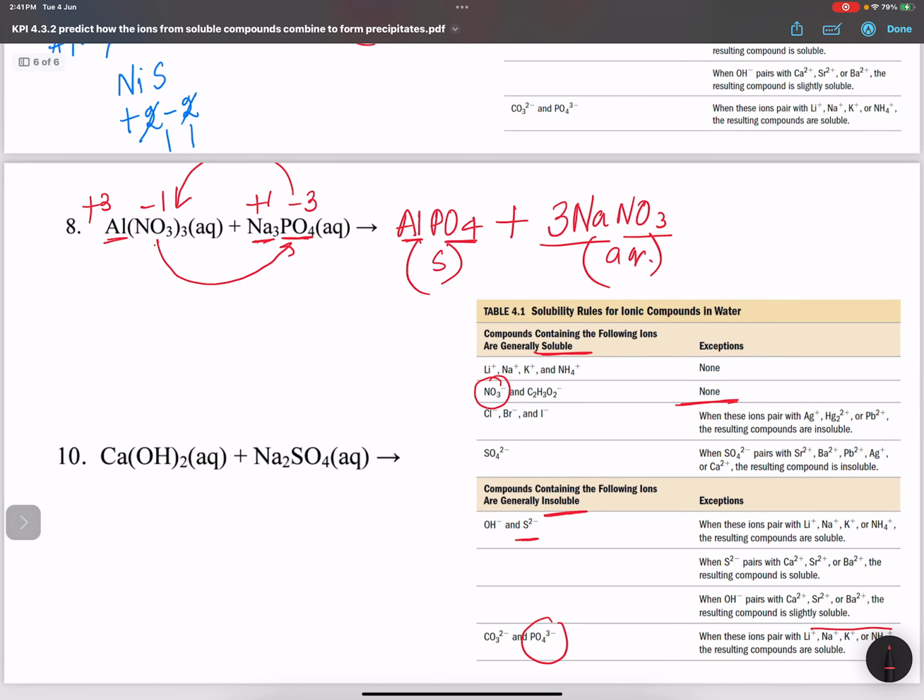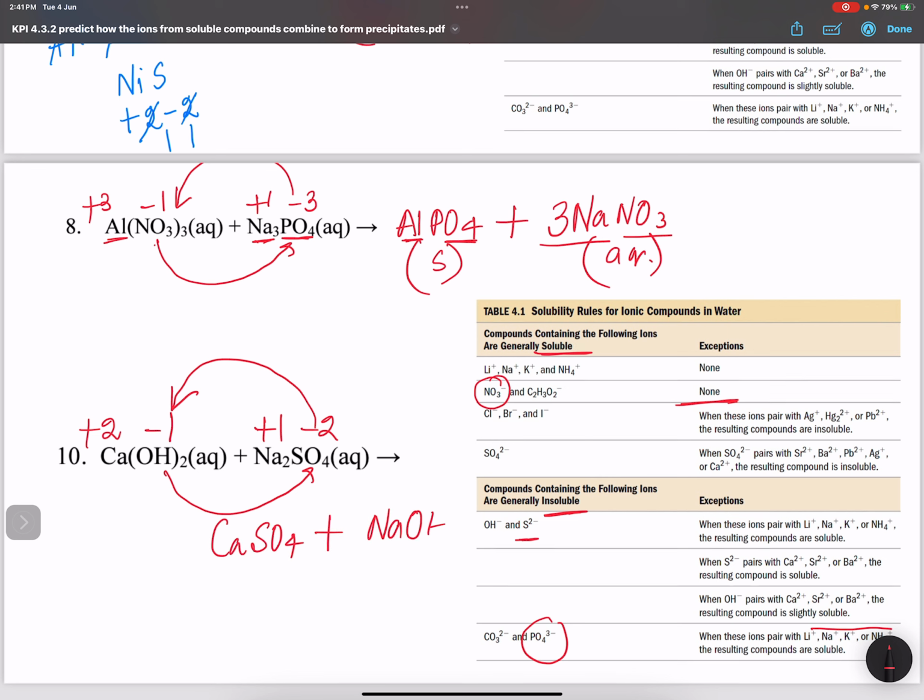Finally, the last equation. Group 2 +2, polyatomic ion -1, group 1 +1, sulfate -2, switch. So CaSO4 plus NaOH. You can use the crisscross method to find the correct formula.